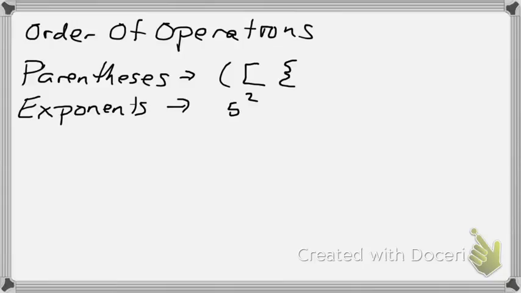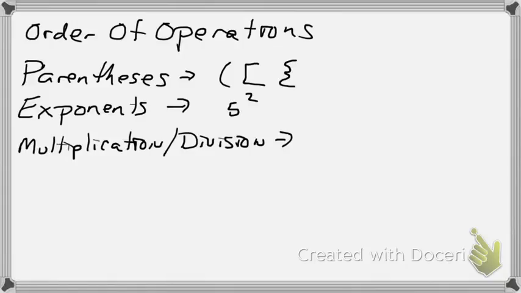All right. Then we want to do multiplication and division at the same time. Multiplication and division are twin brothers or sisters. They happen at the same time, and so I wrote them together.